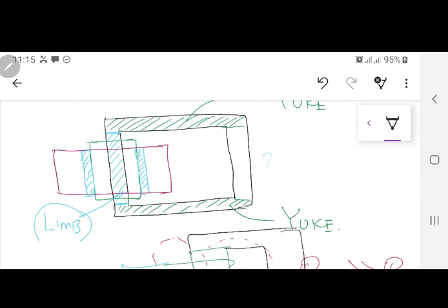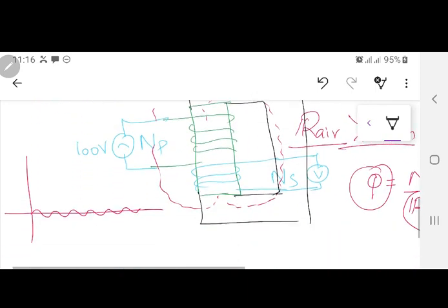Now the question arises: should we make this yoke also circular or stepwise? Listen to the question again: should we make the yoke also stepwise circular, or is there no need of it? What I mean by that, listen very carefully.